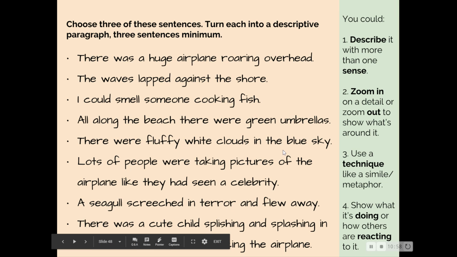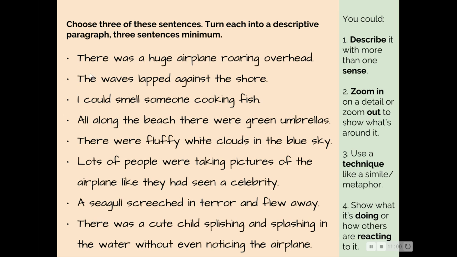Like if you choose the sentence, "The waves lapped against the shore," then all 3 or more of the sentences in this paragraph should have something to do with the waves or lapping against the shore. On the sidebar, we've got those 4 ideas for ways that you could maybe extend your paragraphs.